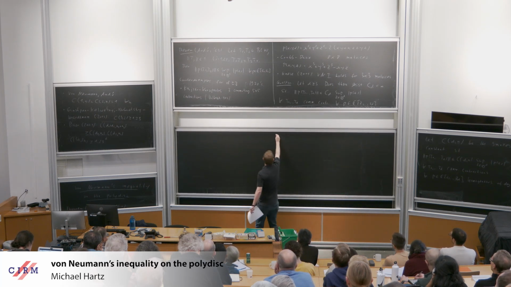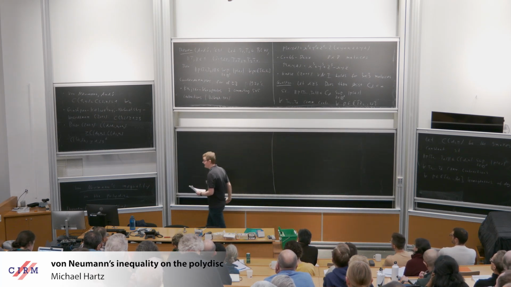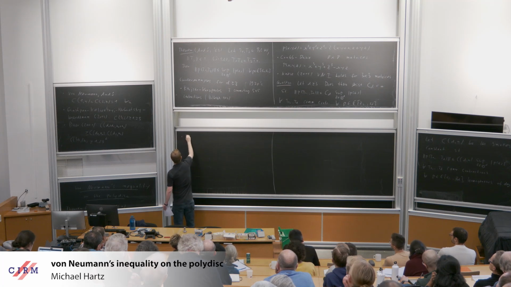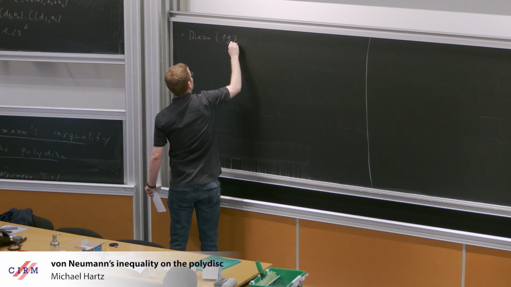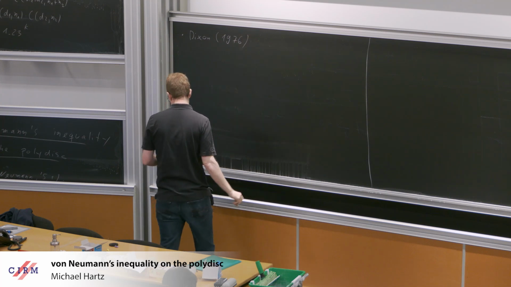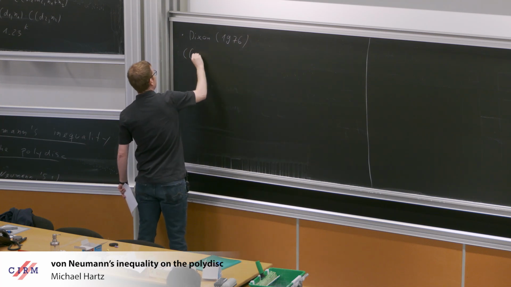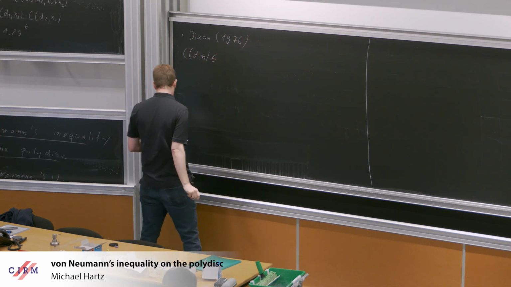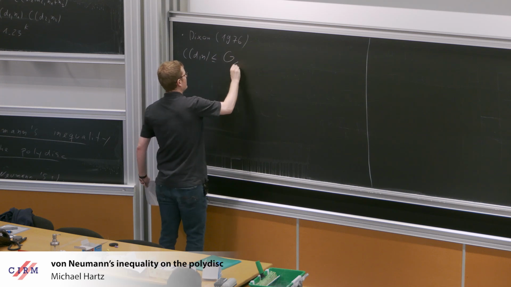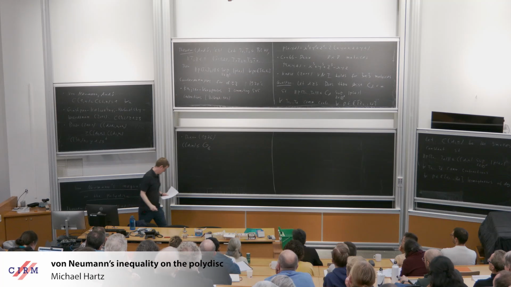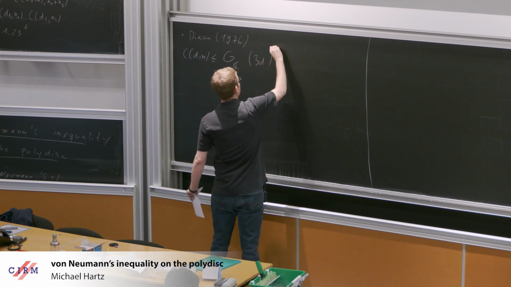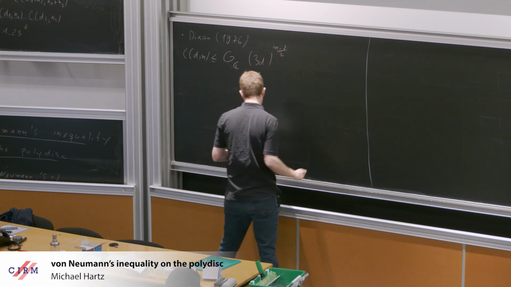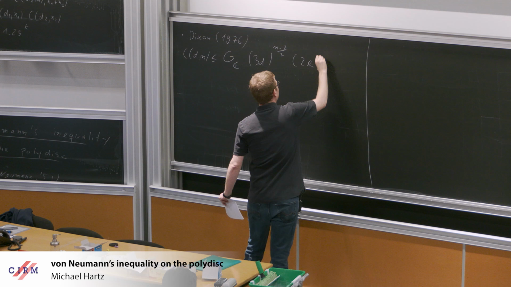There's an upper bound of Dixon from 1976, and he showed that C_{d,n} is at most the complex Grothendieck constant, so this is just some constant, times (3d)^{(n-2)/2} times (2e)^n.